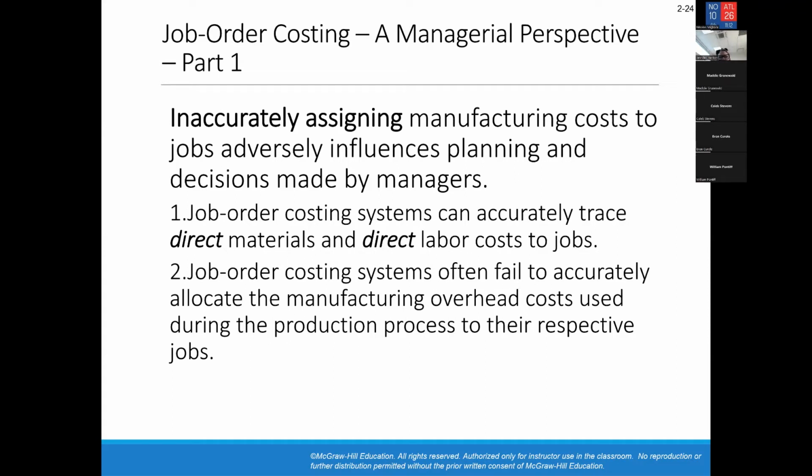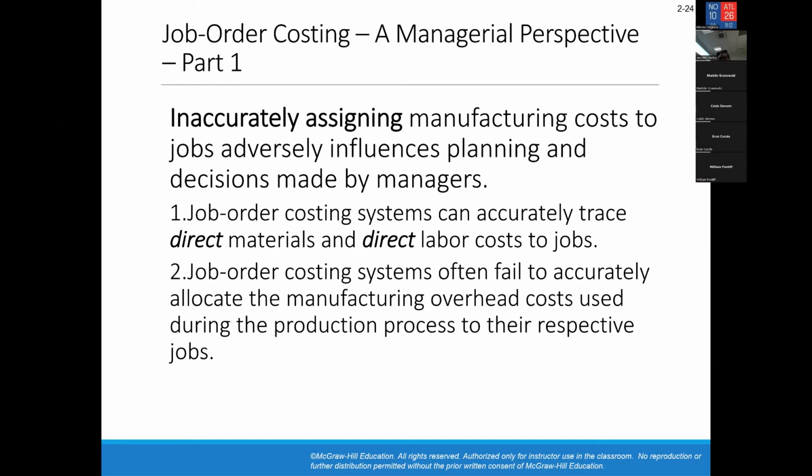Okay, so now we have a job order costing system that can accurately trace direct materials and direct labor costs, but job order systems often fail to accurately allocate the manufacturing costs during the production process. Maybe we decided to use labor hours, and that really wasn't the best way to allocate. Maybe we should have used machine hours. So it really depends on what you're producing, what kind of manufacturing you're in, or how you're trying to calculate that predetermined overhead rate.